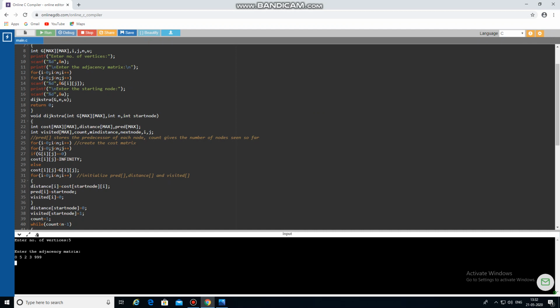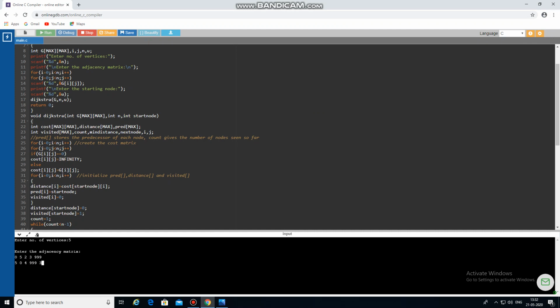Then next node, from node B to A it is 5, from B to B it is 0, from B to C it is 4, B to D we don't have a connection. Basically it is taken as infinity, but in a program we can't take infinity, so we take it as the highest value, that is 999.